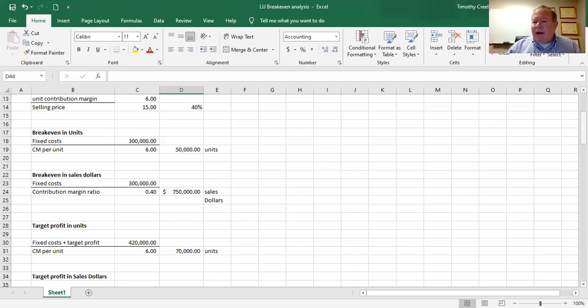I knew someone one time that was looking to open a restaurant, and they used this for their restaurant. They came up with, okay, what's the average customer going to spend? And that was their selling price. And then they came up with a variable cost per customer, and a contribution margin per customer. And then they came up with their fixed cost, which was their cost of rent. And they wanted to have a manager and other things.